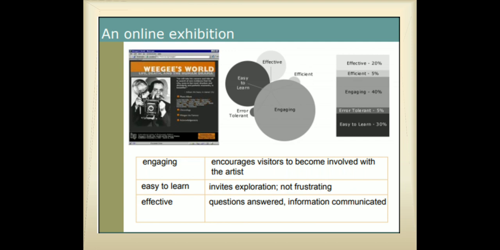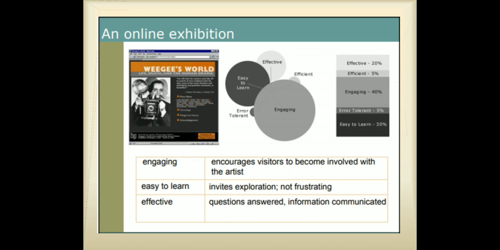So here is an example. Suppose we have developed a GUI or a web interface for an online exhibition. In this case, this particular website must satisfy dimensions such as engaging, ease to learn, and being effective.